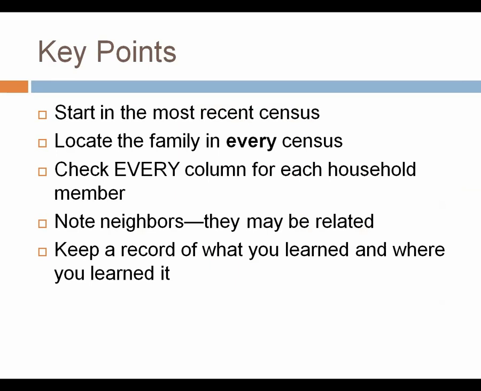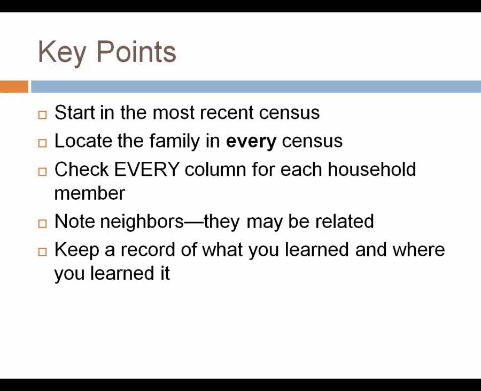So the key points that we've discussed today: start your research with the most recent census, the 1940. Collect the census records for every family member in every census. Check every column. Make sure that you understand every piece of information that is provided in that census record.